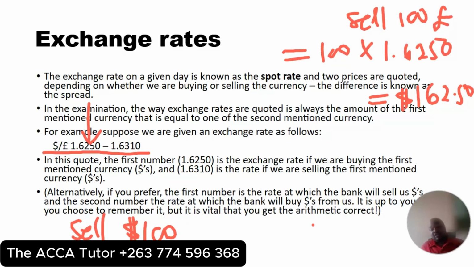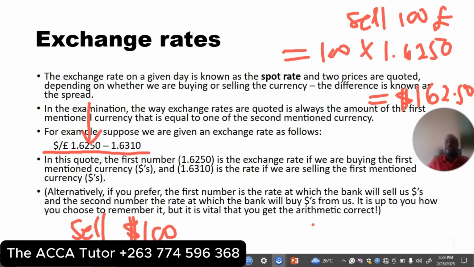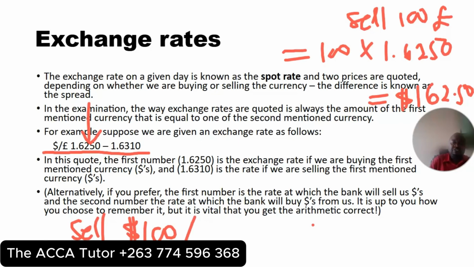So if we are going to divide, which rate is going to put us at a disadvantage? Remember, always the bank has to benefit. So in this case, if the rule is that the bank is always going to benefit, then this time we are going to use the rate that is higher, not this one.